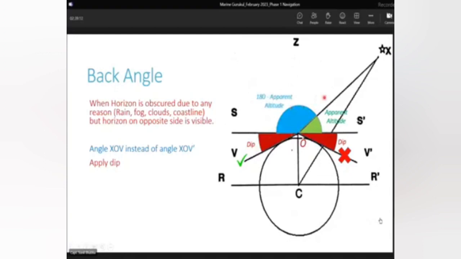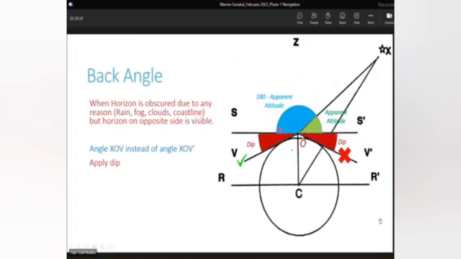The angle which is available to us now is XOS. If you look carefully, this particular angle is basically 180 minus apparent altitude. You can see the sensible horizon SS dash.